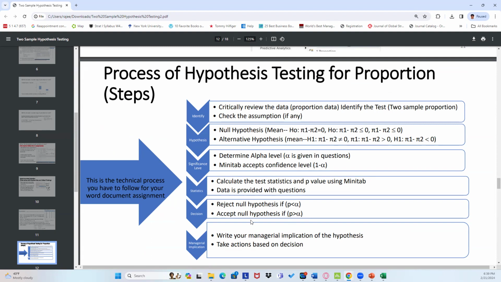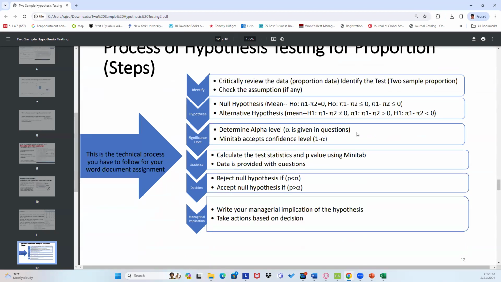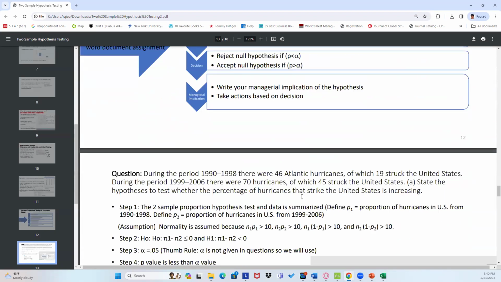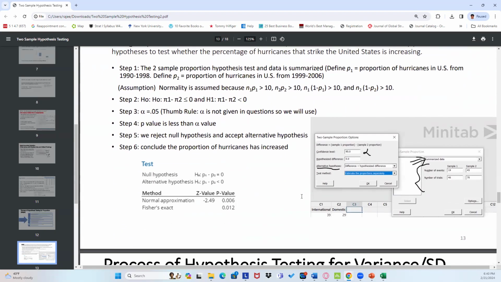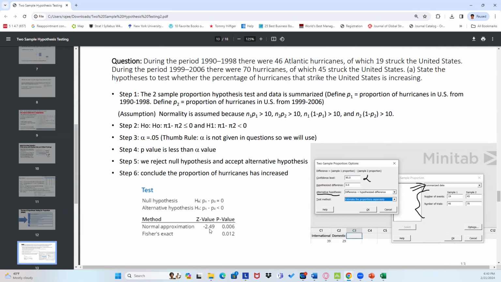Similarly, exactly the same process. Here it is the proportion z value, and you have two options. For two-sample proportion, you check which one is going to be useful, whether you are estimating the proportion separately or pooled.